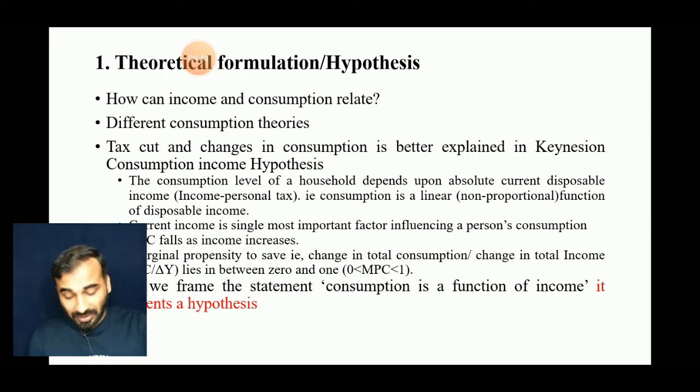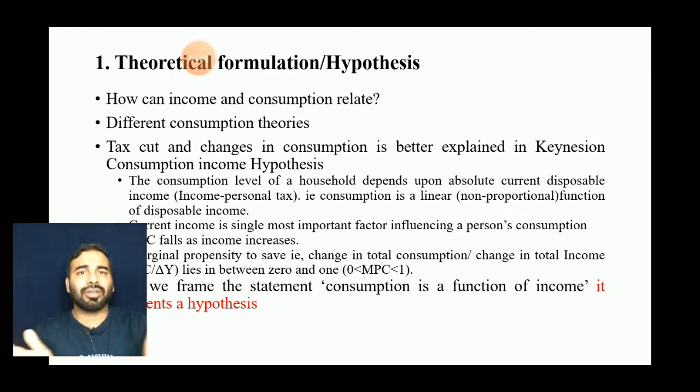If a person's income is 100 rupees and it is increased to 200 rupees, and MPC is beyond 1, then his consumption will increase by more than 200. More than proportionate. So that will never happen. So this was the main idea of the Keynesian consumption function. So this we have to specify.